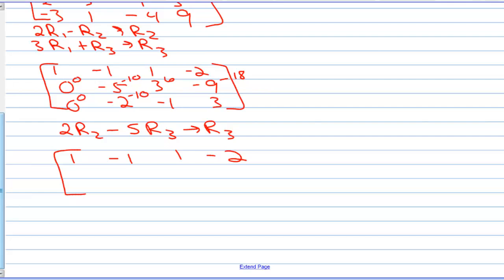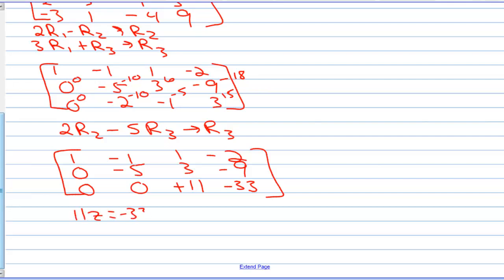I'm multiplying by 5. Negative 5, 15. And I'm subtracting. We got 0, negative 5, 3, negative 9, 0, 0, positive 11, because I'm doing 6 minus negative 5. Negative 18 minus 15 is negative 33. So we have 11z is equal to negative 33.